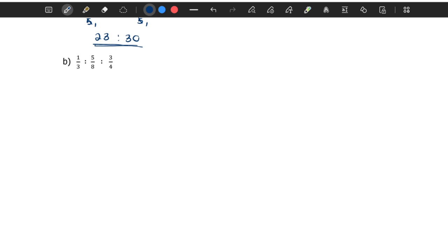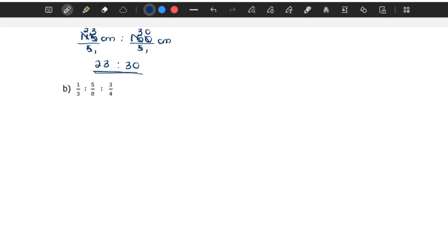And then the next one, we have 1 over 3 is to 5 over 8 is to 3 over 4. So again, in this case, we find the lowest common multiple in all cases.